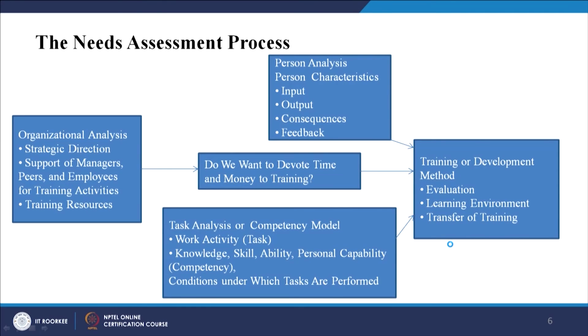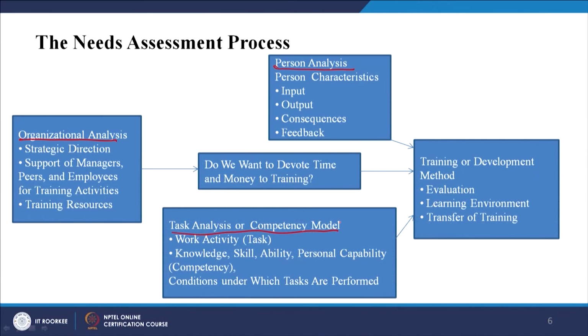We have talked in the previous slide about organizational analysis, person analysis and task analysis as the competency model. First we will go through the organizational analysis. Organizational analysis covers the strategic direction: at the top management level, what type of strategic directions are needed.